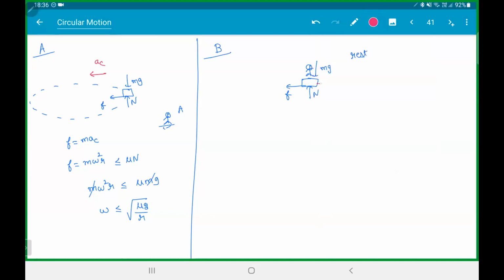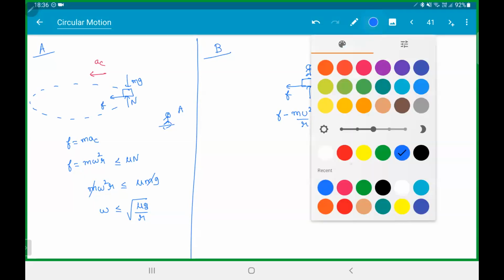But I know I'm in a non-inertial frame, so I have to apply a pseudo force, which is mass into acceleration of the coin, m into u square by small r. So when he writes the equation, he will write f plus m u square by small r is equal to mass into 0, because it is at rest.